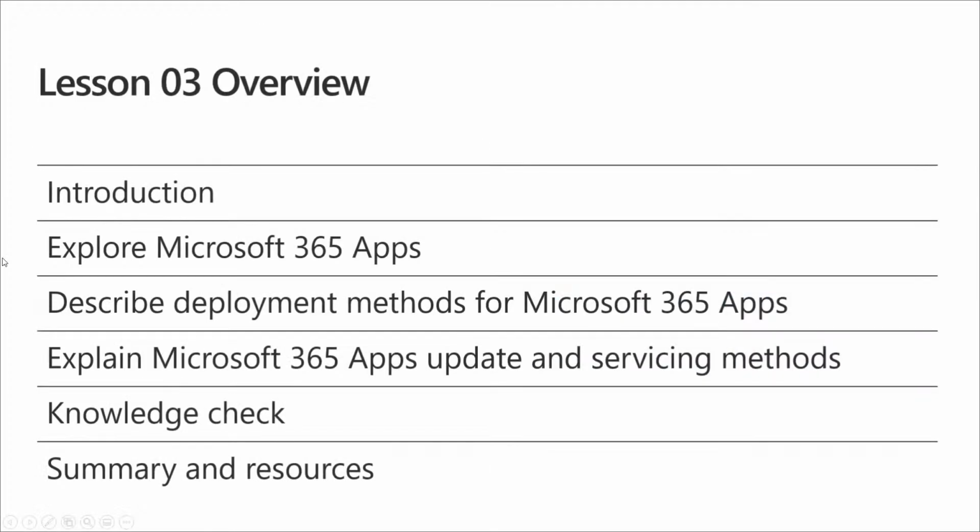Lesson 3. What else can we look at? We're going to look at the other Microsoft 365 apps, and how we can update and keep them up to date, and not have to be concerned about constantly checking and deploying new applications.